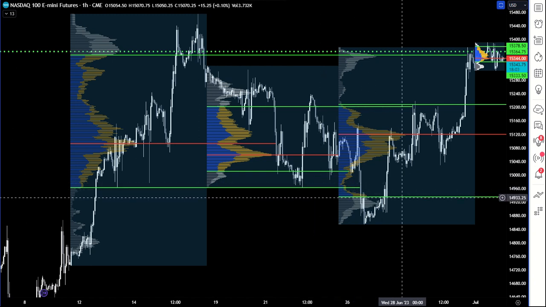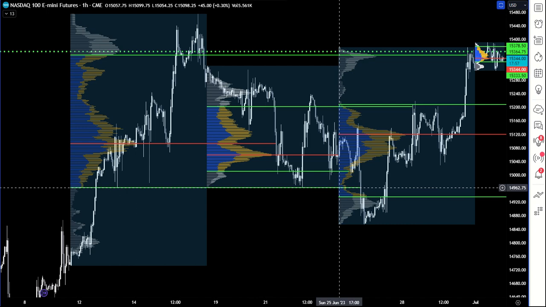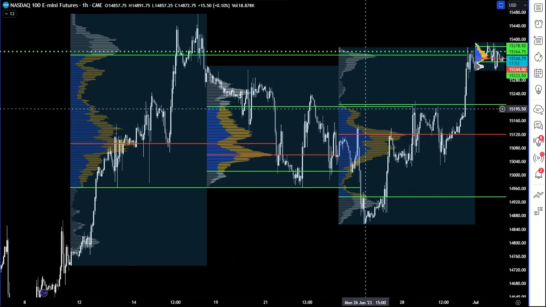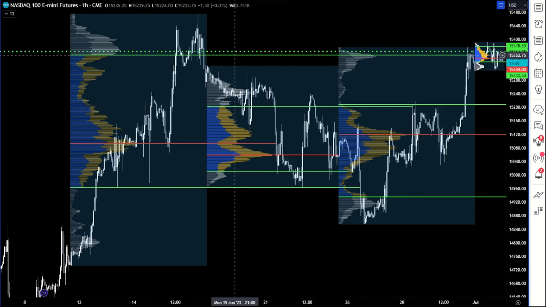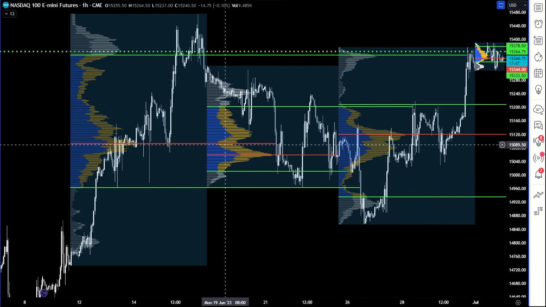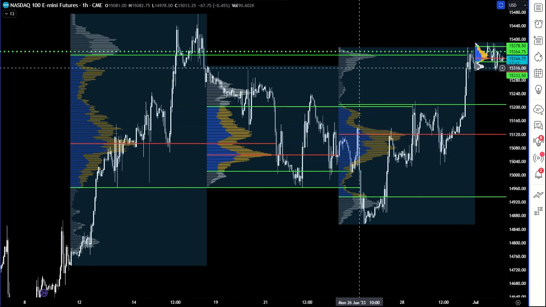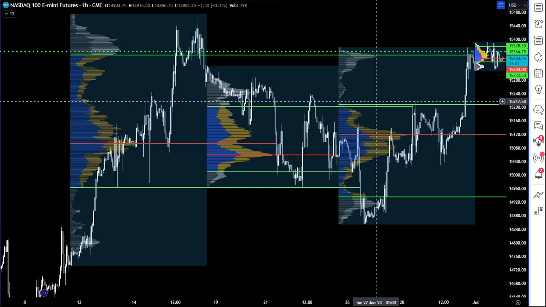I am marking, at least for a good 4 weeks, the value area lows here, here, here, the value area highs, which are here, here, and here, and then the points of control. I consider all of these levels extremely important.